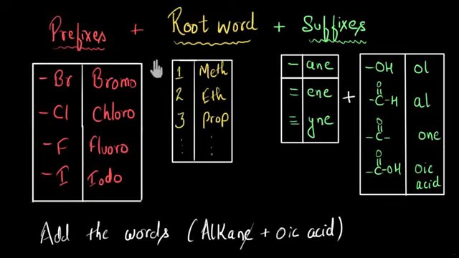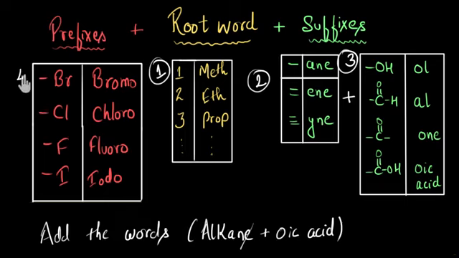So these are the rules for naming carbon compounds. First, you find out the root word depending on the number of carbon atoms present in the compound. Second, depending on double bond or triple bond, you add an appropriate suffix. And if none of these are present, then by default there will be single bond and the suffix will be ane. Now third, if there are oxygen containing functional groups, then you add these suffixes to the ane, ene and yne.